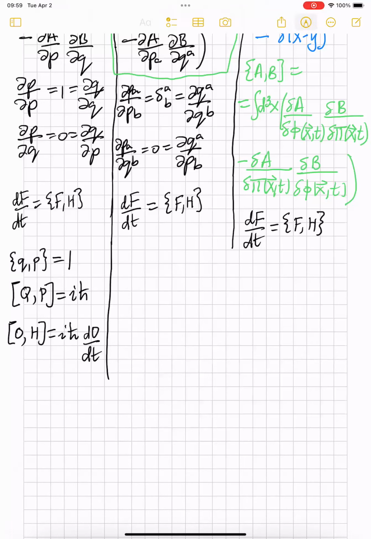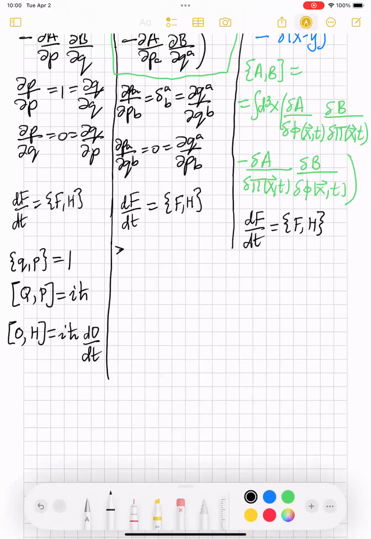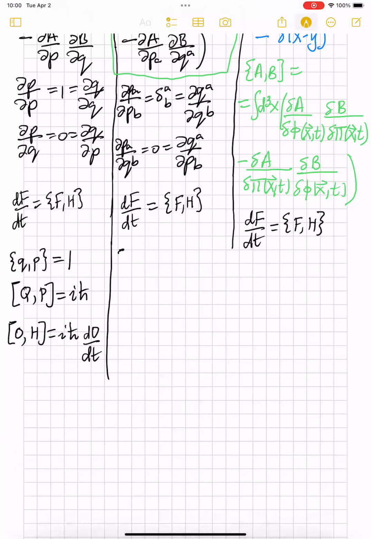If we did this for the multi-particle system, one of the things you can very easily check is that the Poisson bracket between q_a and p_b is just delta_ab.